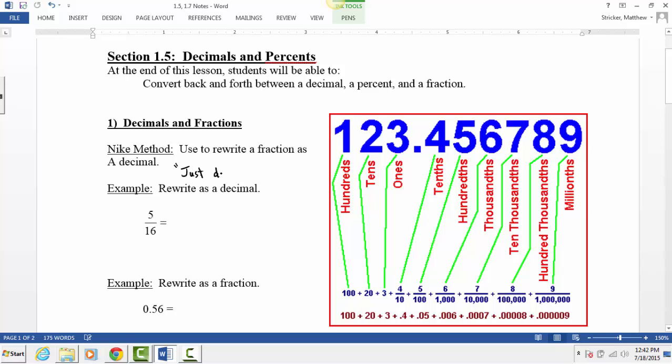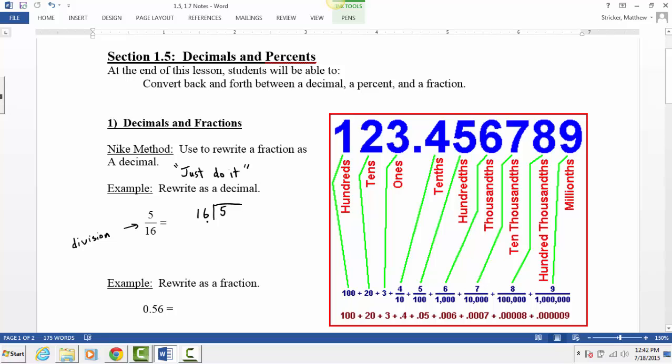The reason I use this to help remember what to do is because you just need to do the operation that a fraction says. What's this operation right here that's represented by the fraction bar? It's the operation of division. So when you have 5 over 16, that's like saying 5 divided by 16.